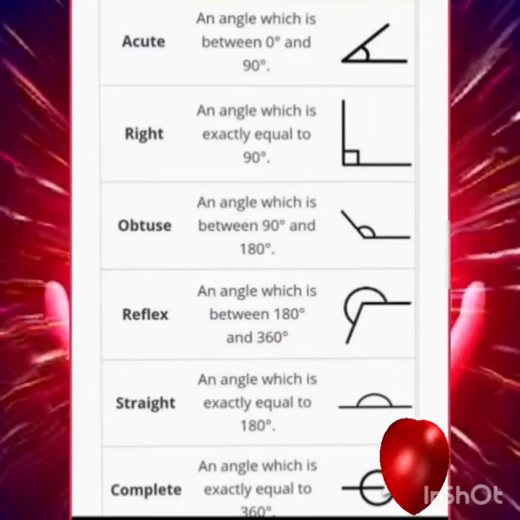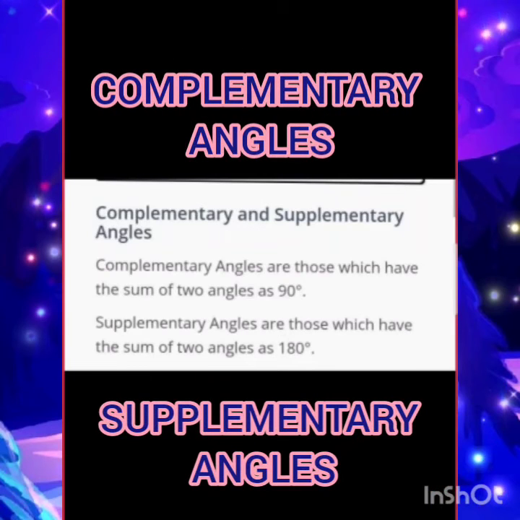I hope all the definitions related to angle have been cleared now. Another important definition here, we are going to see complementary angles and supplementary angles. My dear students, what is complementary? First, let me clarify.